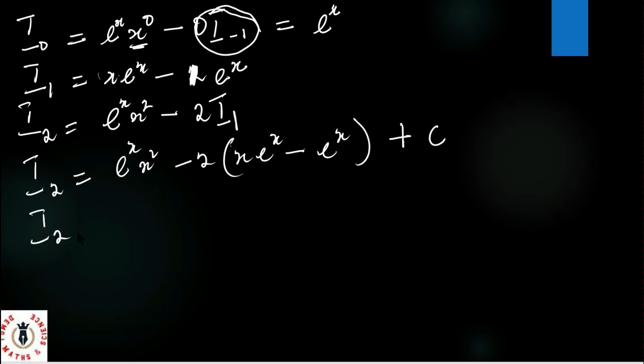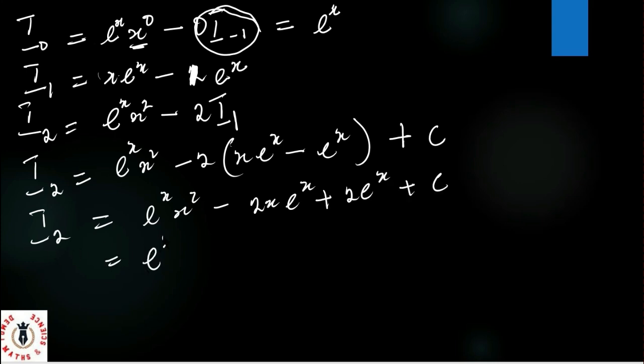That I2 will now be e raised to power x x squared minus 2x e raised to power x plus 2 e raised to power x plus c. One thing is common once again, that's e raised to power x. This is e raised to power x into x squared minus 2x plus 2, plus c.